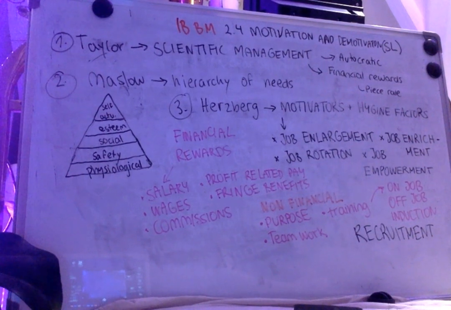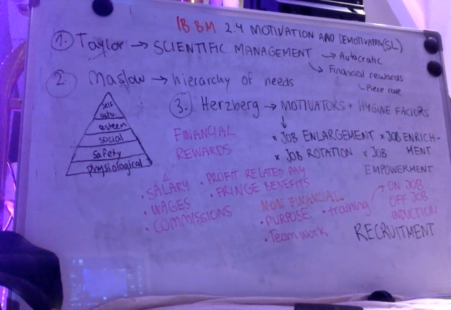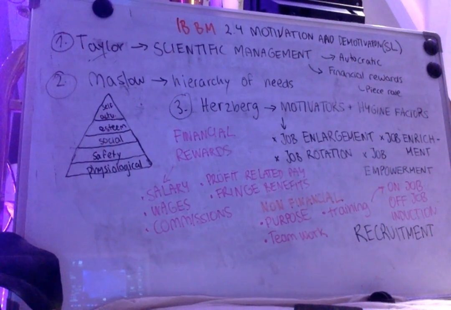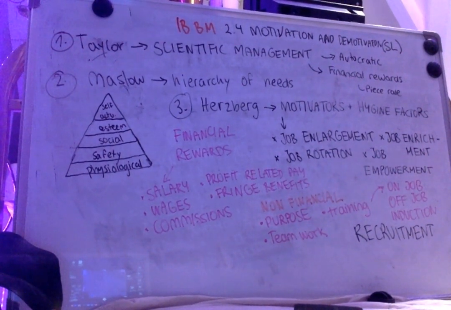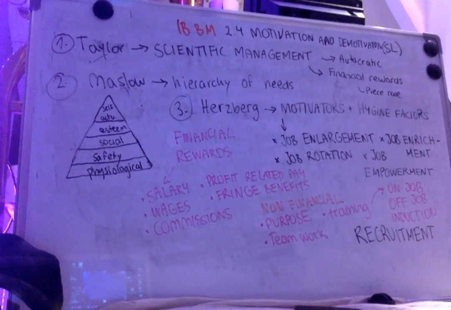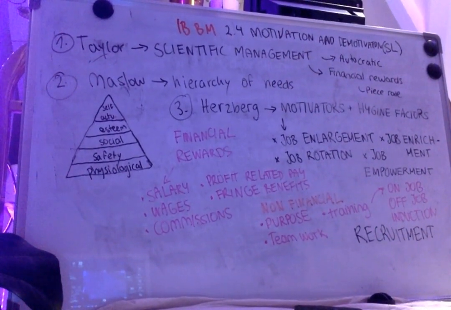Then we also have to look at different financial rewards and non-financial rewards. Different financial rewards are firstly salary. A salary is a fixed amount that's paid yearly or monthly, for example 30,000 euros a year. Then wages.